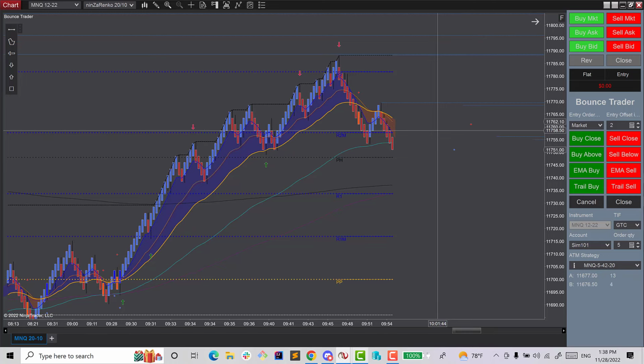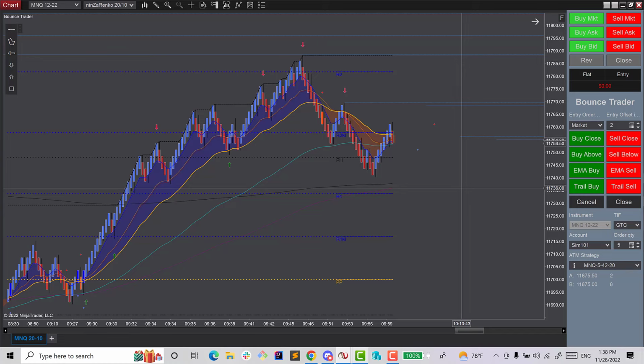So there was another trade right here. Okay, we're not doing anything here because we're looking for a bounce from the 34 EMA. Oops, see, here is another setup, another 34B.